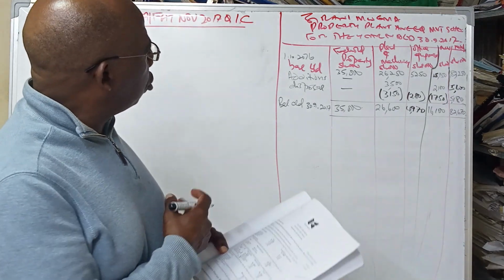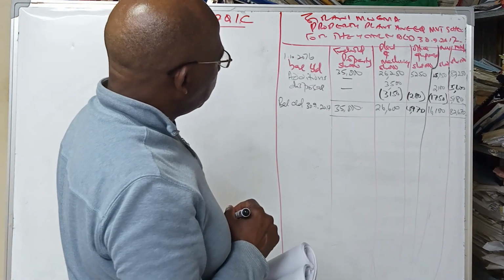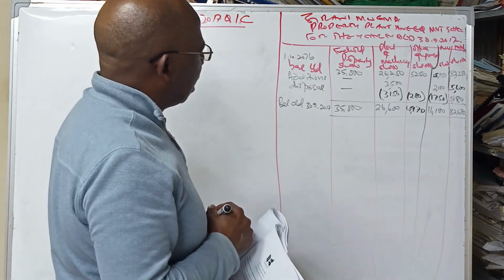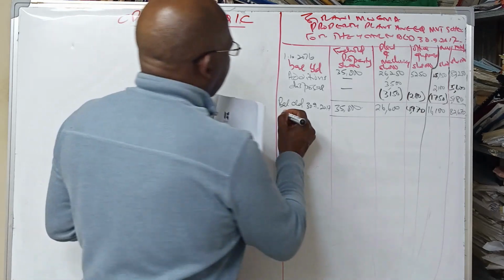So this has dealt with the property, plant and equipment. Now we look at the depreciation.